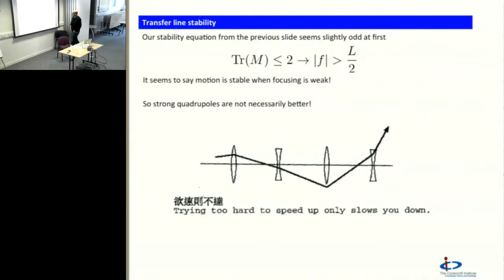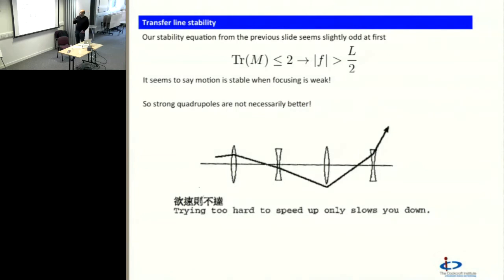So what unstable means is that the position of the particle is being pushed to larger and larger positions, turn after turn after turn, and these strong quads are doing that. So that's a good bit of intuition building in how to design lattices.